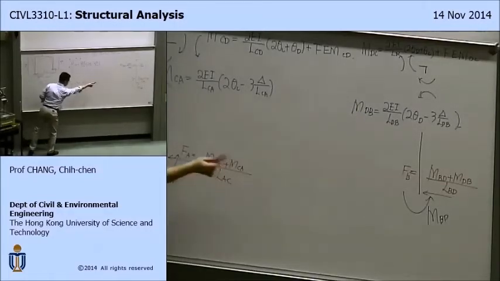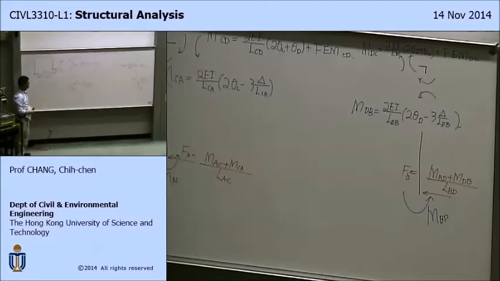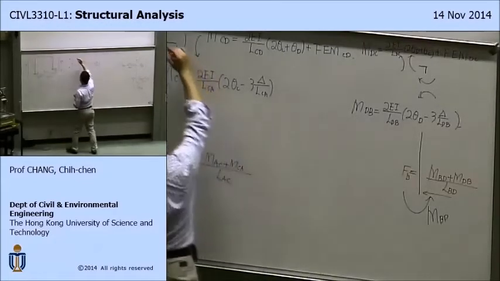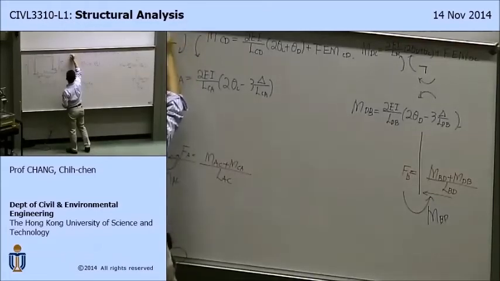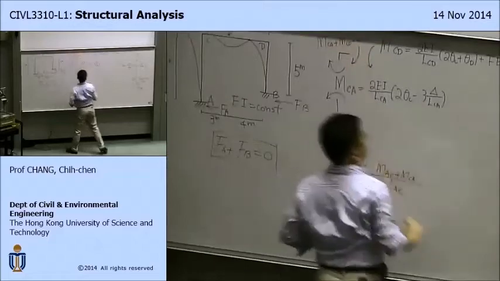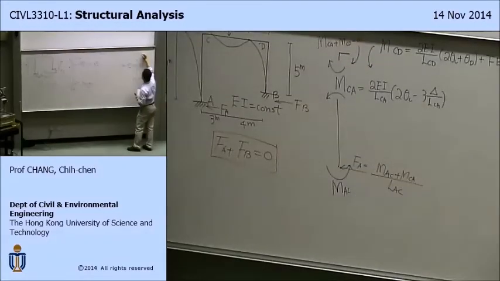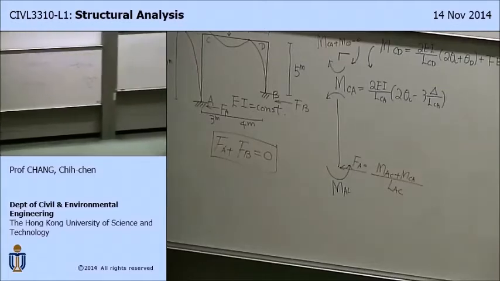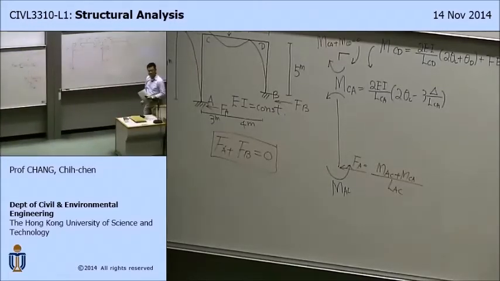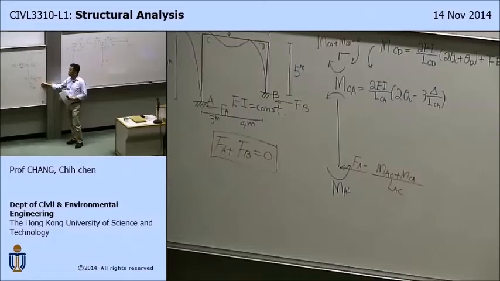So you substitute these in here, plus the joint equilibriums. And then here, this joint equilibrium. So I'm showing you the 3 equations that you can use to solve for the 3 unknowns. Okay, that is mathematically sufficient now. 1, 2, 3.